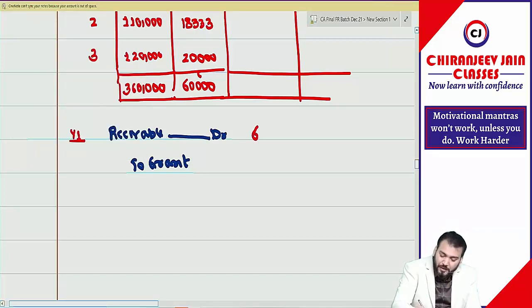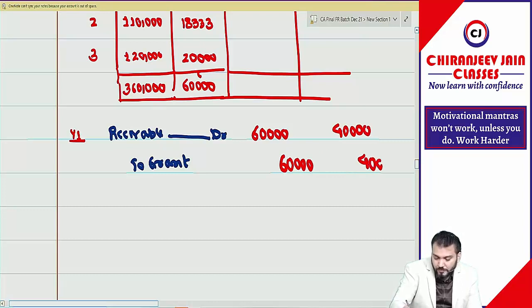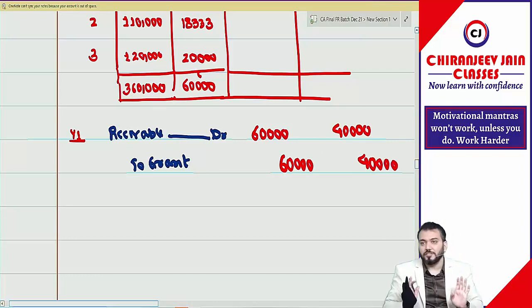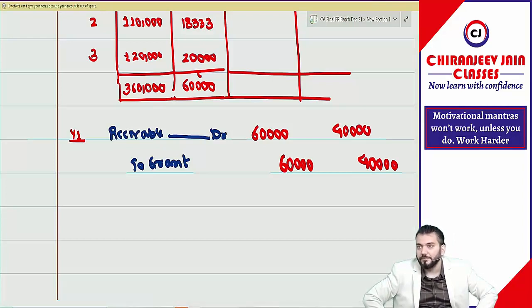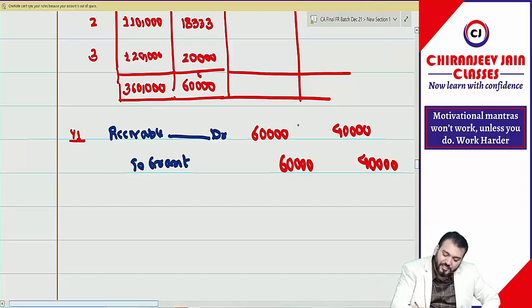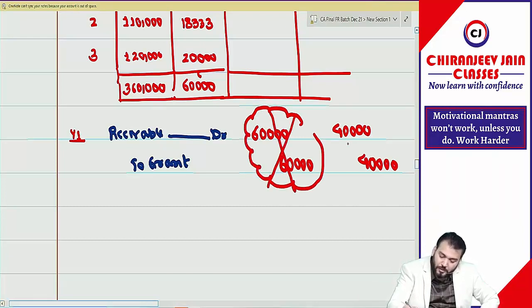But will this receivable be 60 or 40? This is the doubt. Understood? Understood what I am saying? If you are saying 60, then in this it is wrong. 40 is correct.